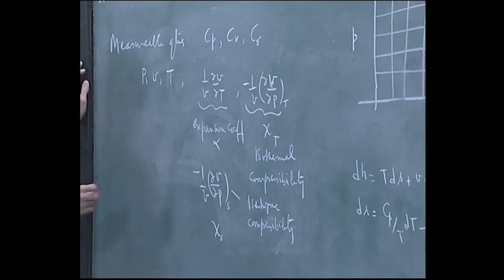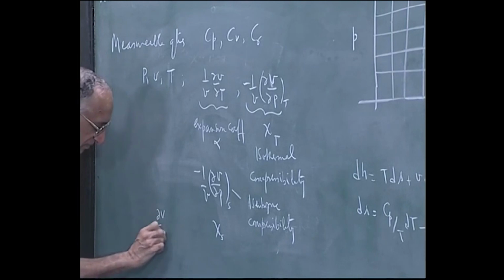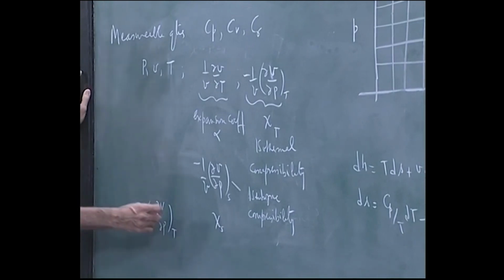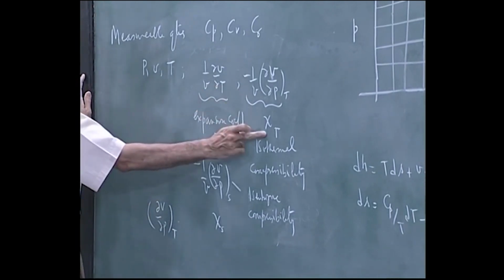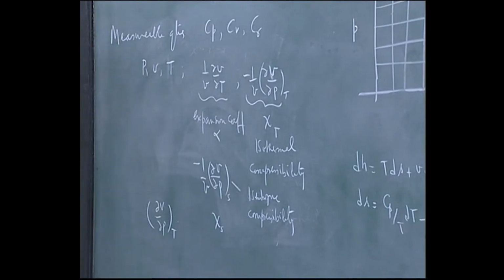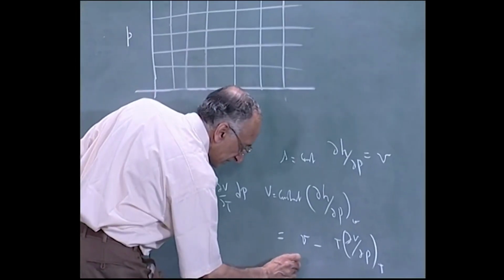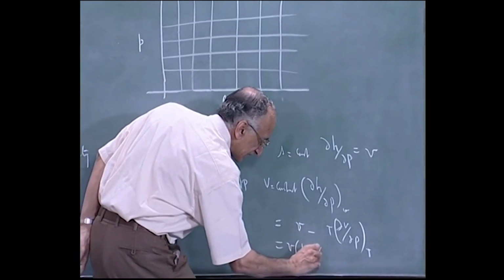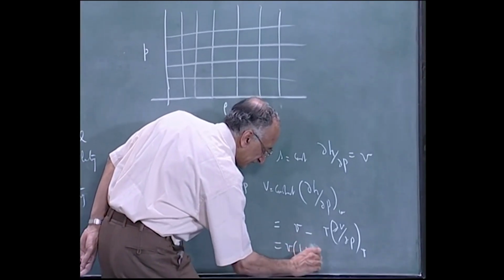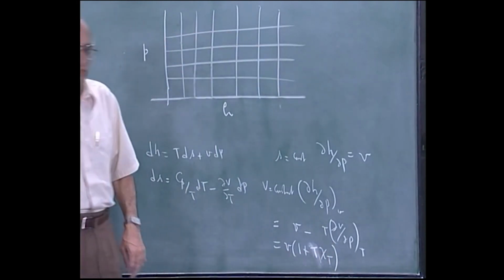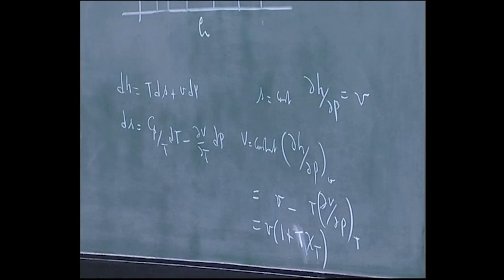So when I have partial of V with respect to P at constant temperature, so this is actually simply minus V times chi of T. So this is equal to V into 1 plus T times chi of T. T times chi of T is dimensionless.